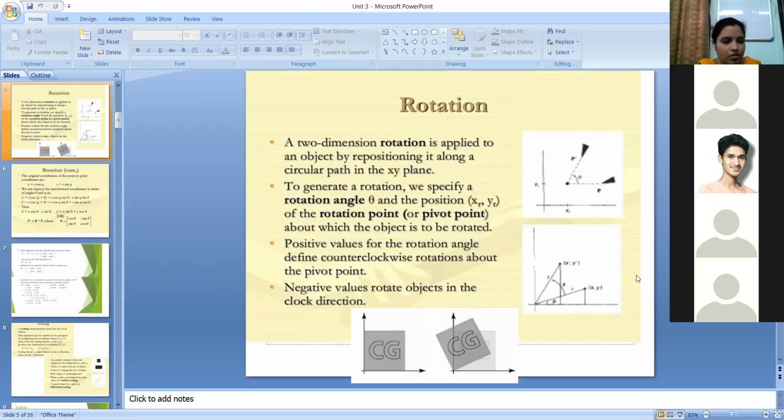Give me attendance. Roll number 1, Present, ma'am. 2, roll number 2 is not there.